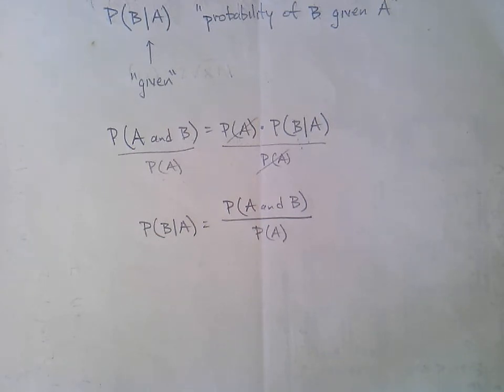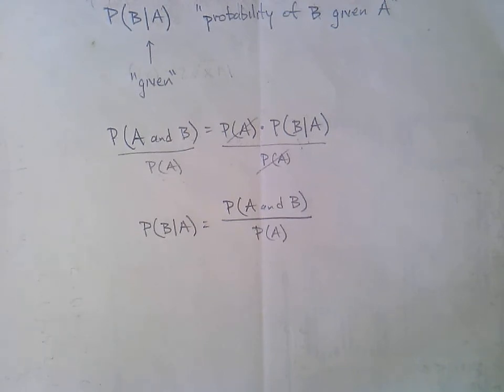If A has already occurred, then we know we are inside of that A circle, that purple circle. We're not anywhere in that sample space. We know that we're already inside of A. So now what are the chances that B will also occur?